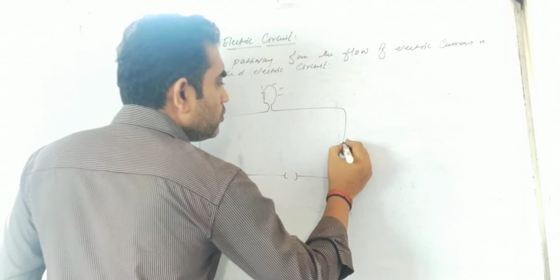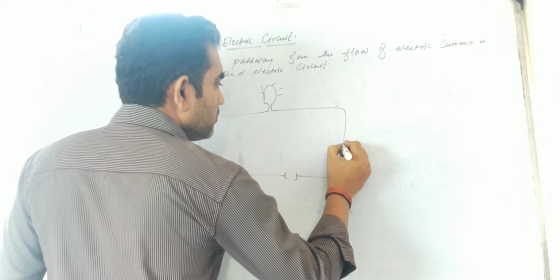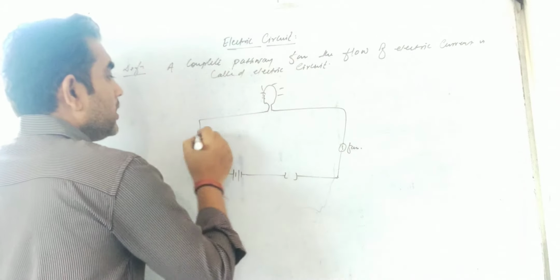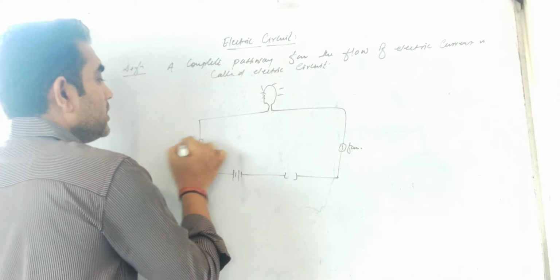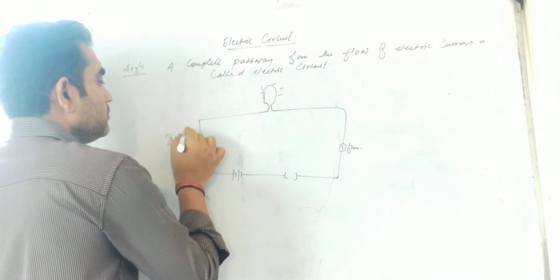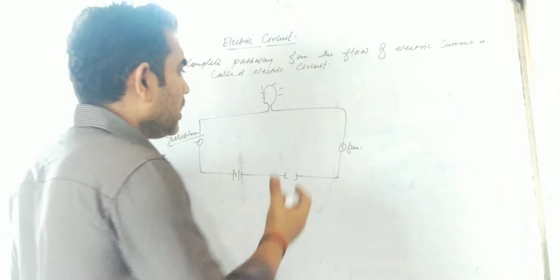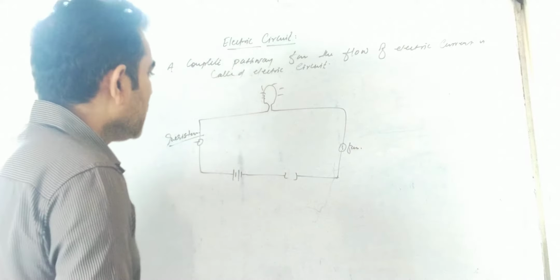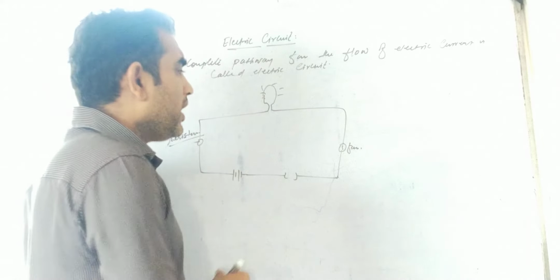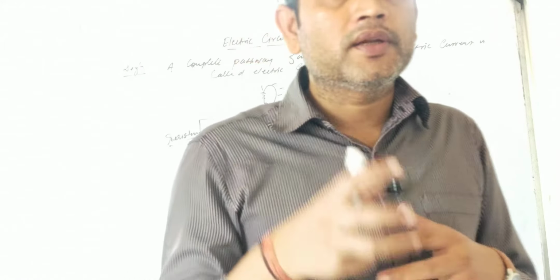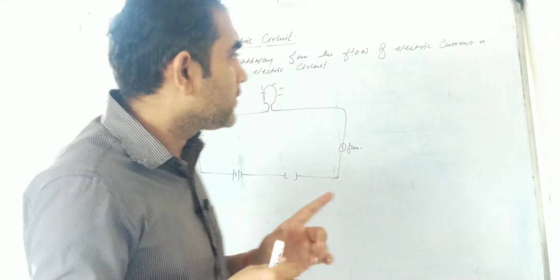Then a fuse is needed here, then resistors are needed, and other devices are needed too. So at least these things are needed in order to form an electrical circuit.